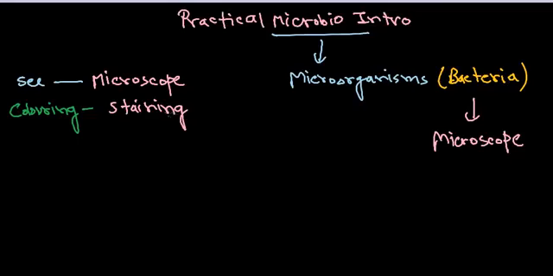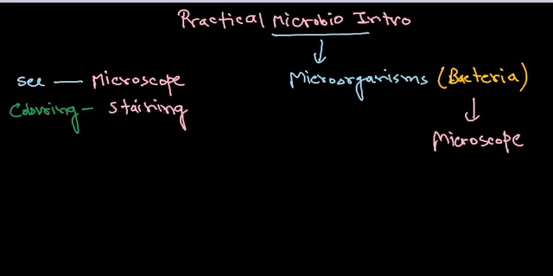Then you need to put them onto a slide, because remember you cannot see them with the bare eye, so you need to prepare slides. So you may require a slide. You put the bacteria onto the slide, you stain it. After that you use a microscope to see that bacteria or any other microorganisms like fungi and all these things. So that's the very basic thing, to visualize the microorganism under the microscope. So that's the first general type of process.